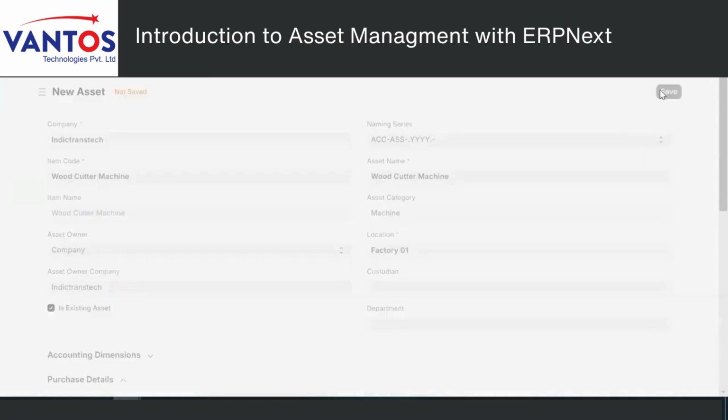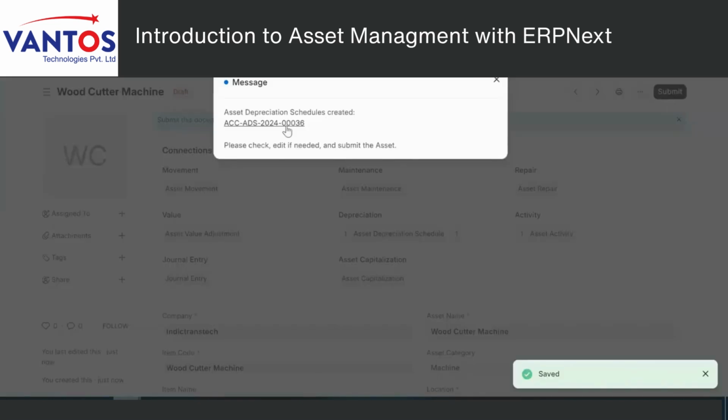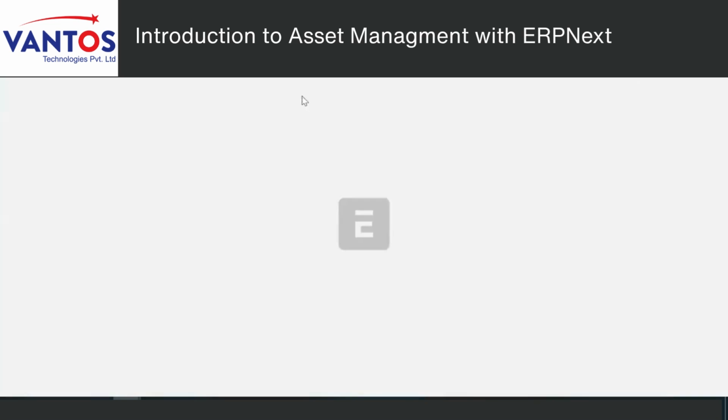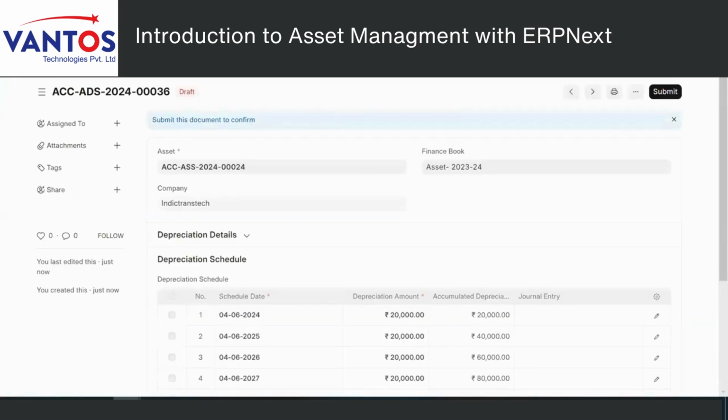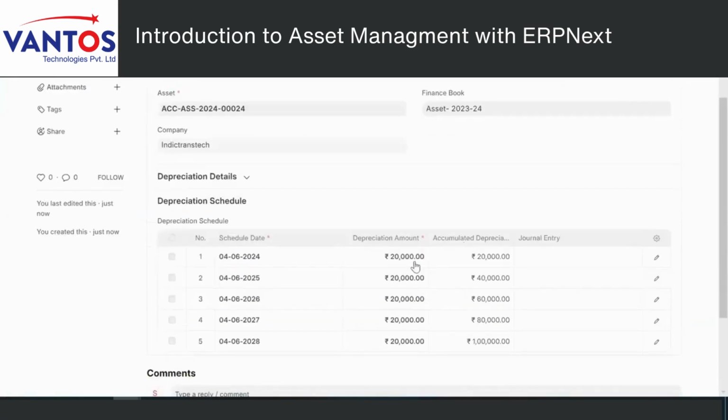As I say, our asset depreciation schedule has been created. So this is basically our depreciation, which is going to schedule 20,000 up till the 1 lakh rupees is been consumed for the next 5 years.